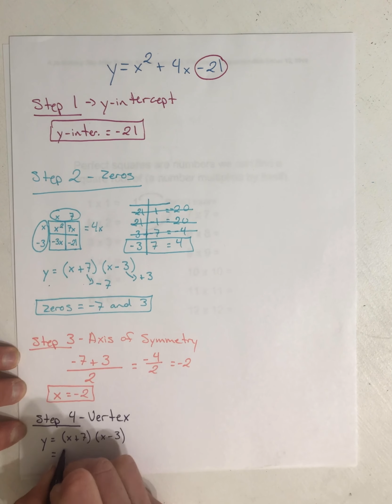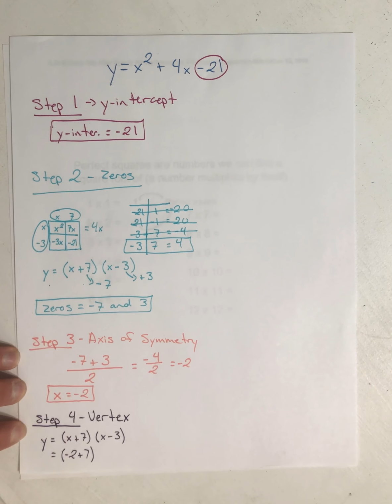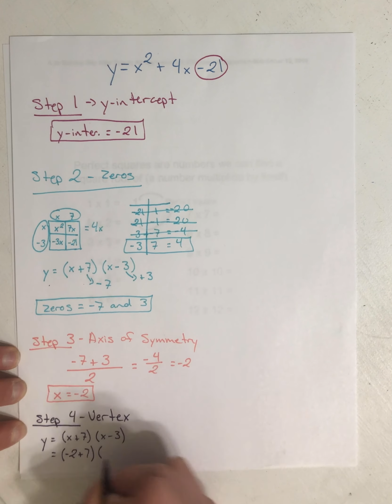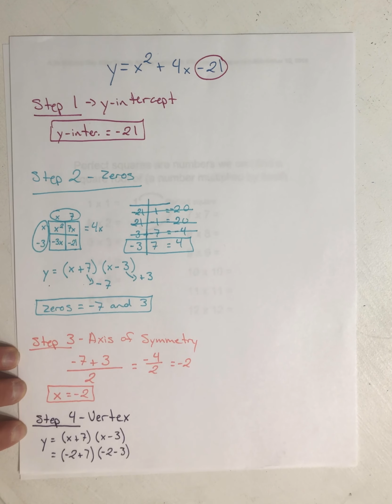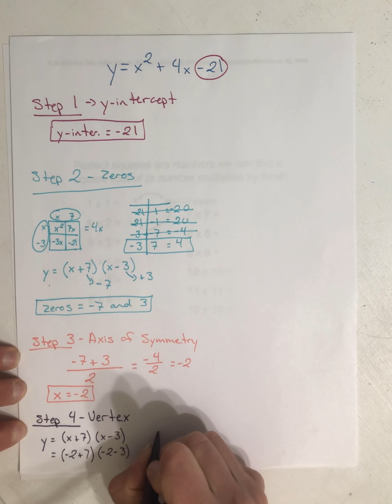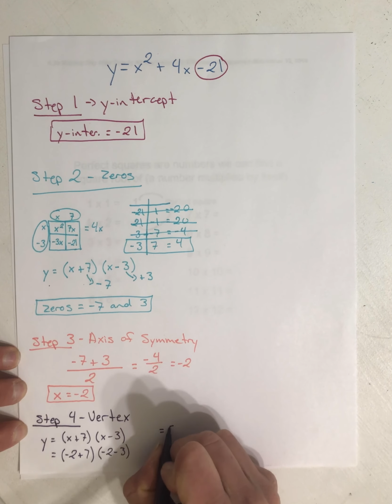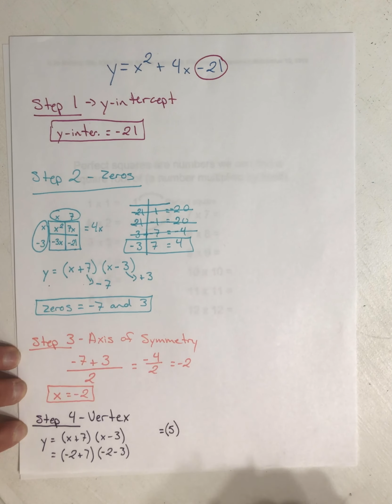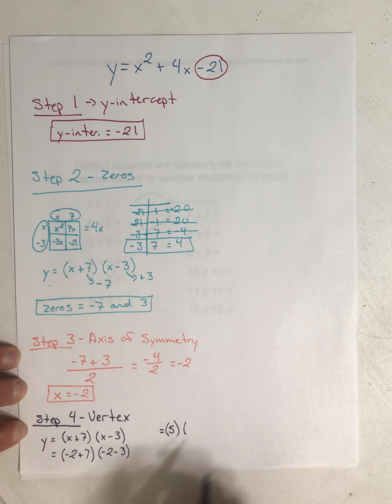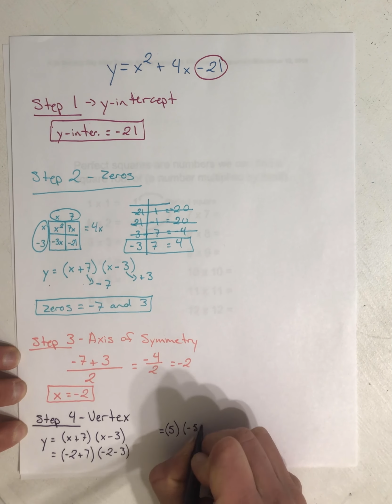So we get -2 plus 7 and -2 minus 3. So -2 plus 7 is 5. And -2 minus 3 is -5.